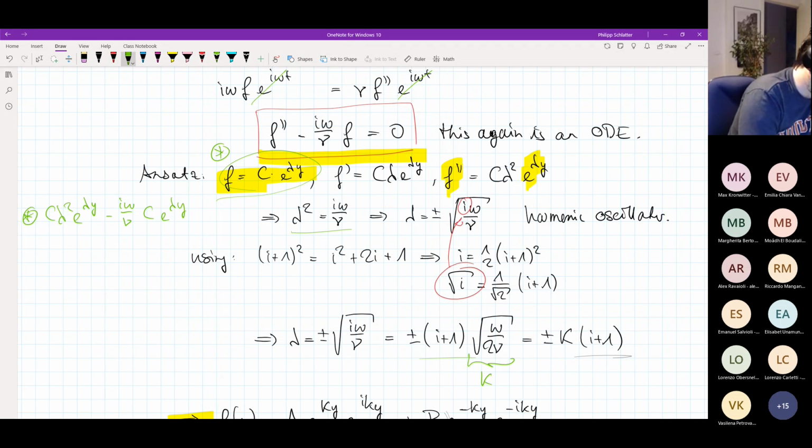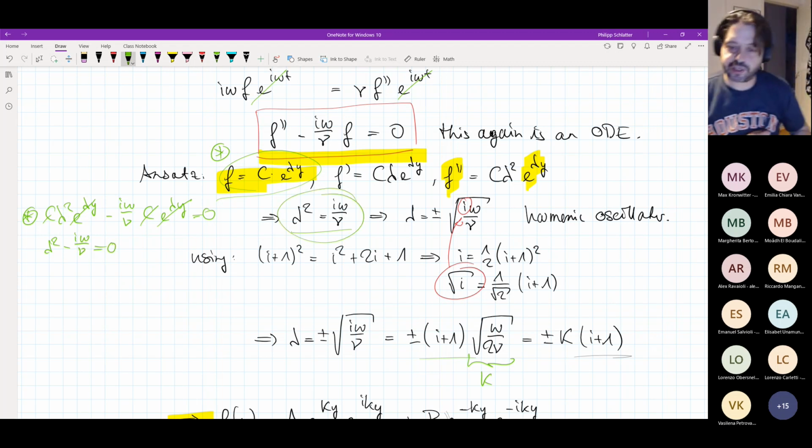And if I do that, then I can see that this goes away, this goes away. Of course, this needs to be 0. And what is remaining here is lambda squared minus i omega divided by nu is 0. That of course is exactly what is written here.